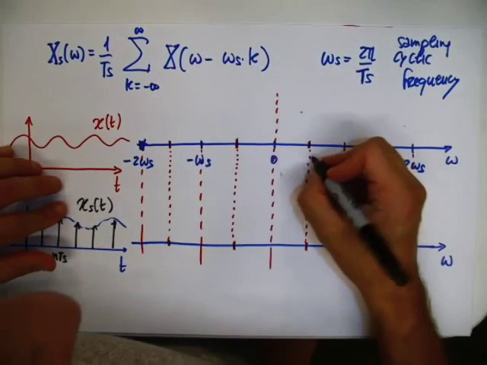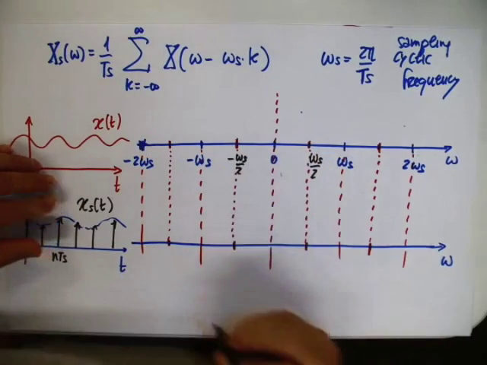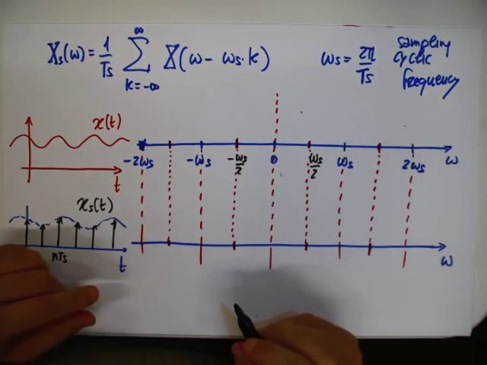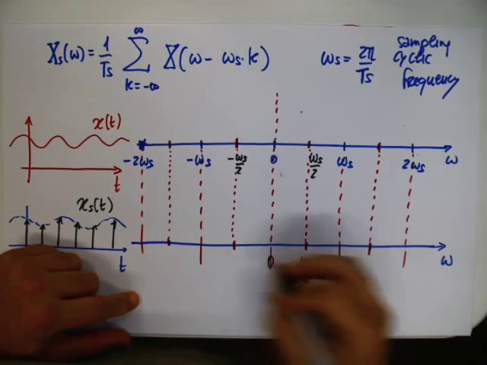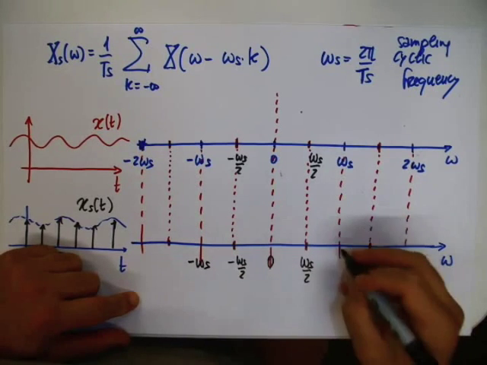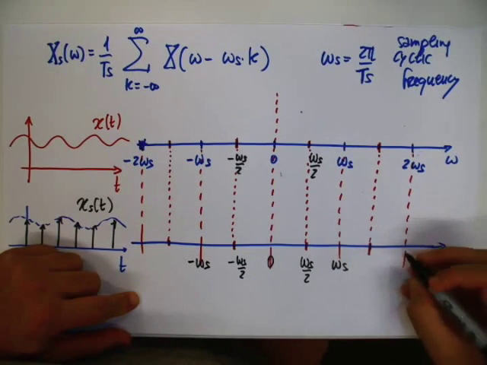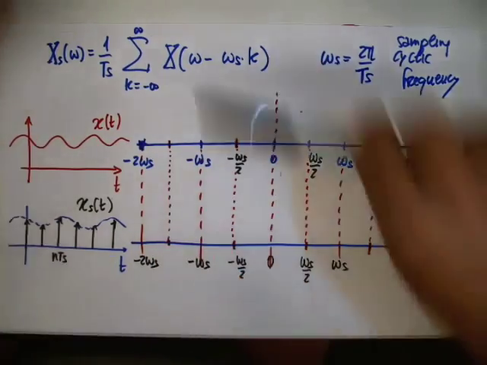Because this is what? Omega sub s divided by 2, minus omega sub s divided by 2, and so on. And here we have the same: 0, omega sub s divided by 2, minus omega sub s divided by 2, minus omega sub s, 2 omega sub s, minus 2 omega sub s.